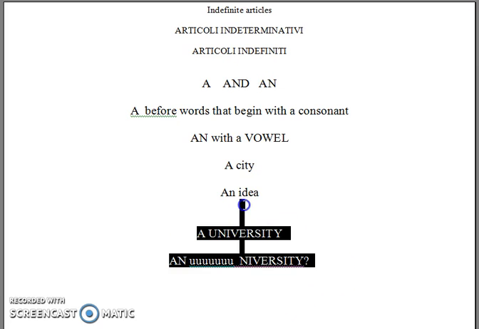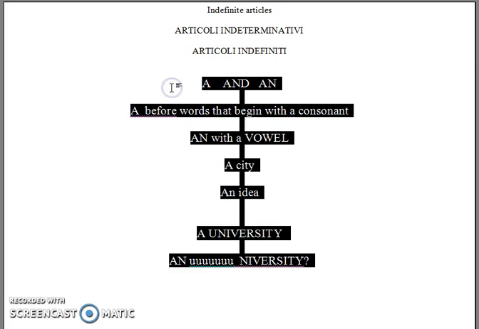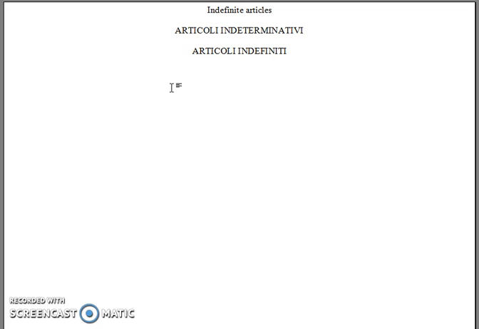Okay, all right. And in Italian, as you would expect, there are two forms of an indefinite article. The first one is un, and it is for masculine words. And the other one is una, for feminine words.